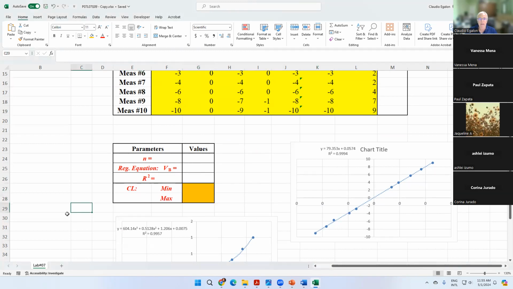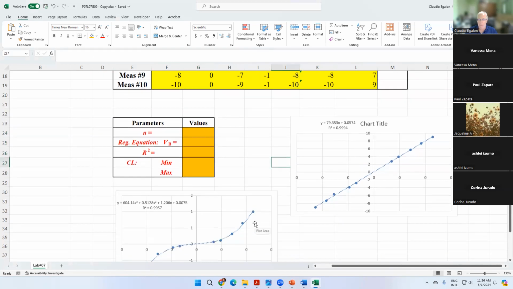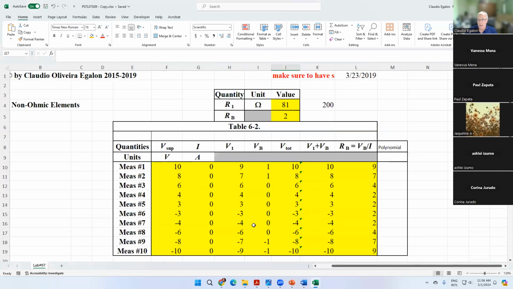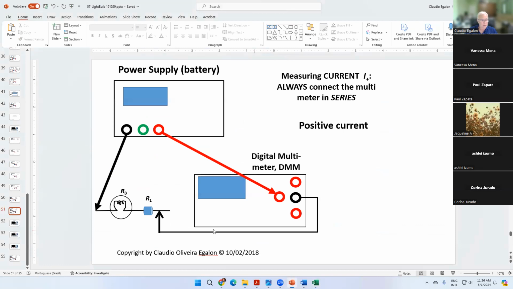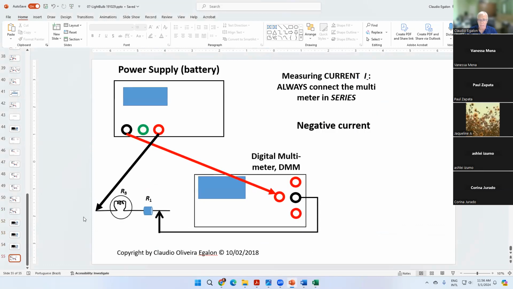Let's put this one in orange, CL, and everything else here I'm going to put as orange as well. That's what you have to do for this spreadsheet.